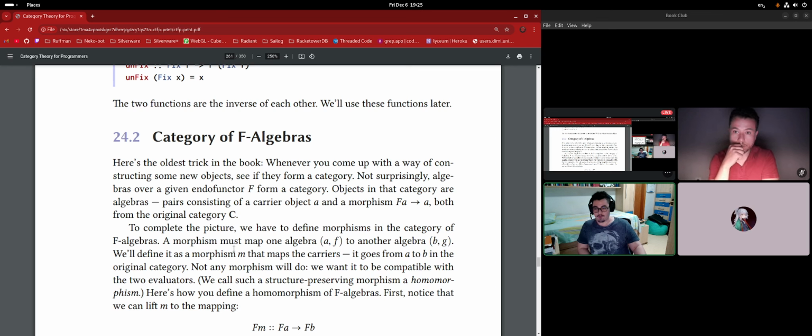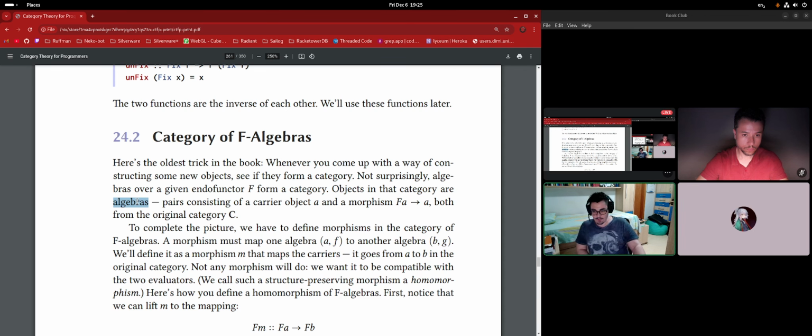Of course, in the beginning of the process, we need to define that F-algebras can form a category. And of course they do, because a lot of things are categories. But in this case, the objects of the category are the algebras themselves. So an entire expression that can be nested and all that stuff, an entire, let's say, language or dialect, that is the object. And the morphisms are ways that you can swap the algebras.